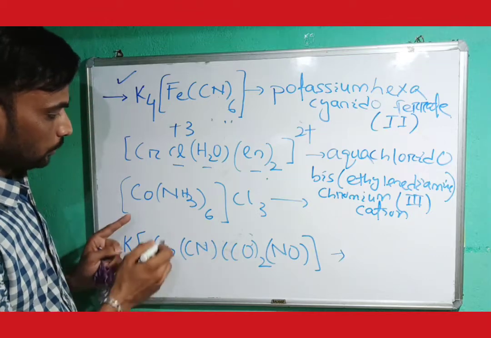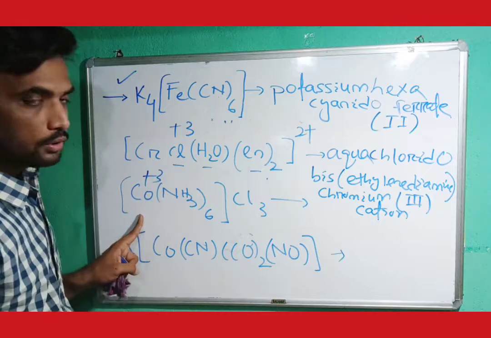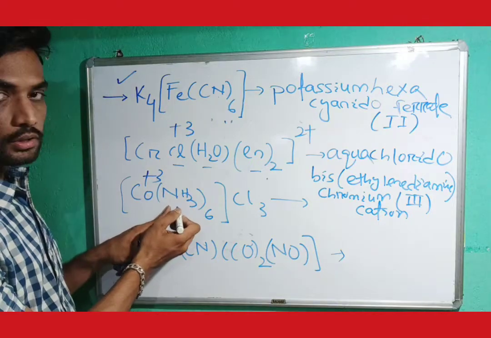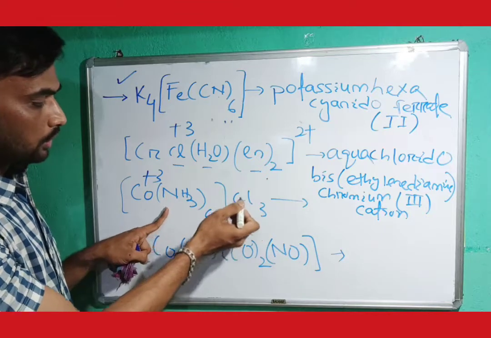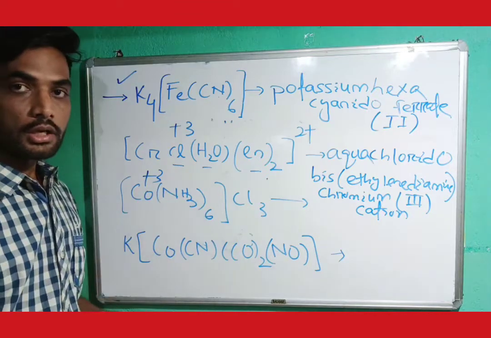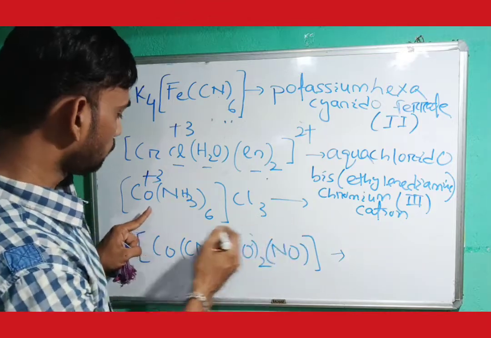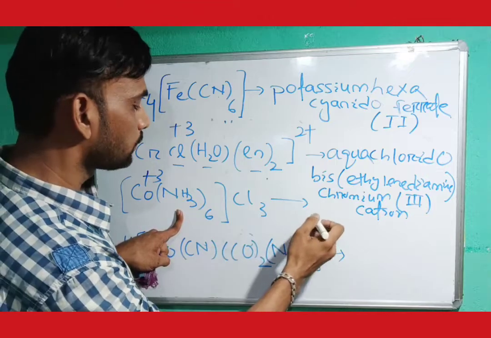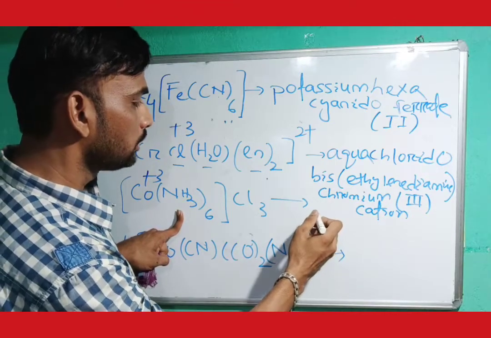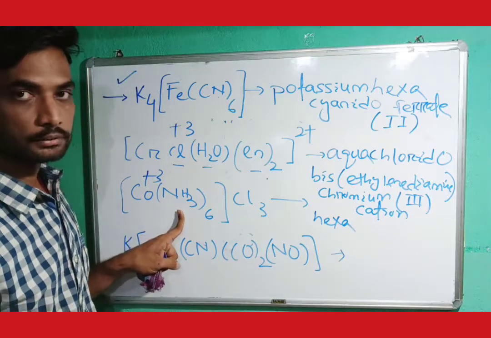Then when we go through the third example, here also the charge is plus 3, because ammonia is 0 and chlorine is minus 1 into 3. So cobalt's charge is equal to plus 3. So let us solve. It has monodentate ligands, 6 in number, so it is simply written as hexa.